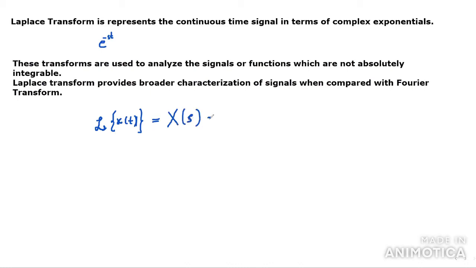With respect to s we are writing, so this is called the s domain representation: integral from minus infinity to plus infinity of x of t into e power minus st dt.